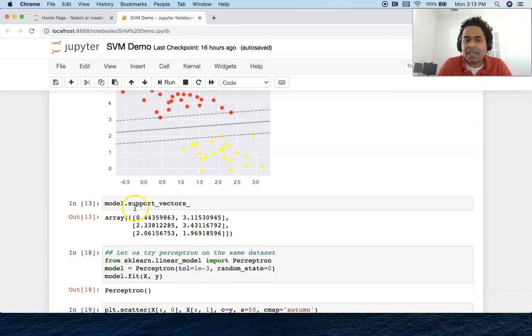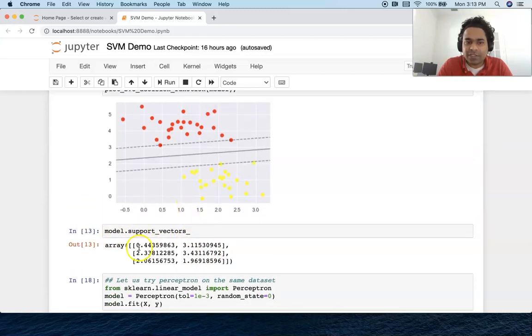I actually look at the support vectors. The first is 0.44, 3.15. I believe 0.44, 3.15 is this point. Yeah, that's correct. So this is 0.44, 3.11. This point would be 2.33, 3.43. So both of these belong to the same class.